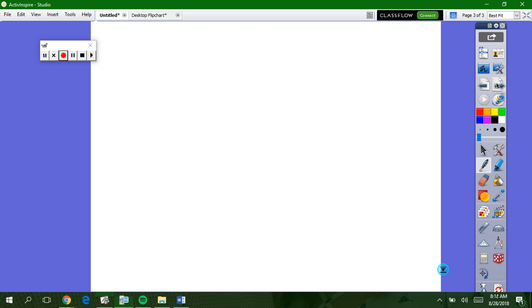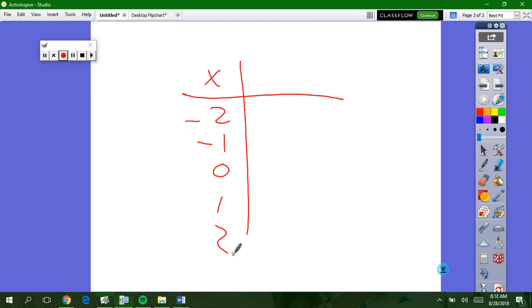Let's do number 8 as a class. Can you read me the numbers on number 8 for the x values, please? And what goes with -2?